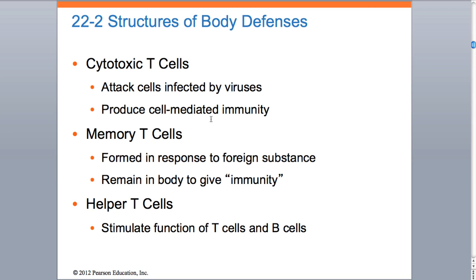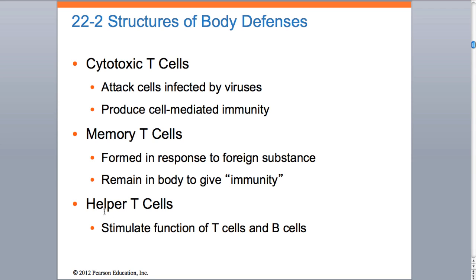So when T cells, level 4, we call it cell-mediated immunity. We already said that memory goes with immunity. Again, that means it must be specific. Therefore, we're talking about level 3 or 4. In this case, we're talking about level 4. Again, it has to be based upon the exact same antigen as before.